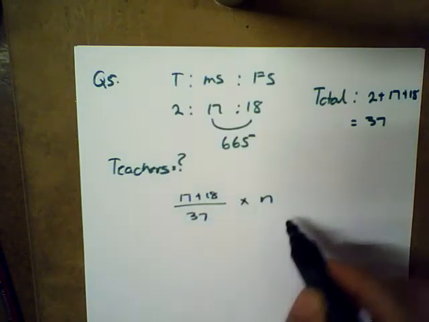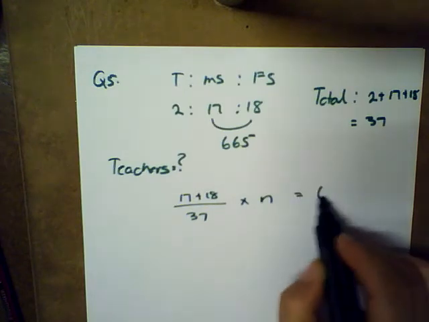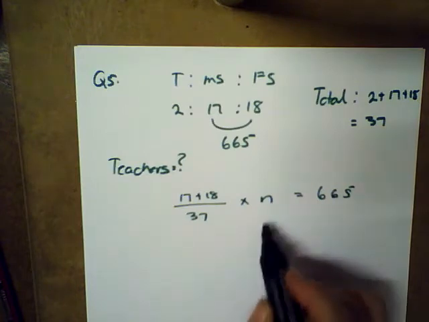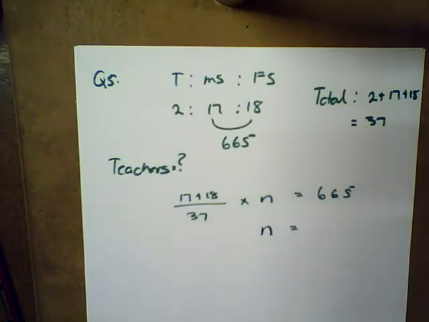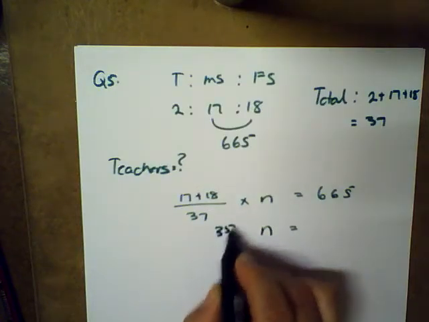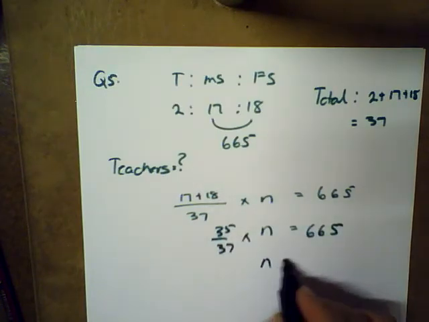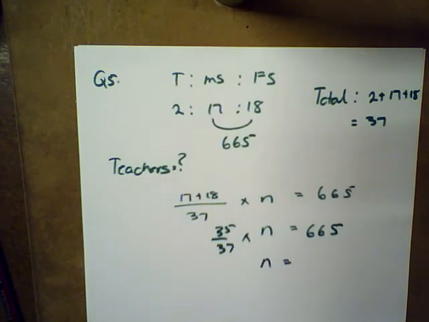The total number of people equals 665. Okay, now let's see if we can simplify that and find the number of people. Okay, so let's quickly do that. 17 plus 18 equals 35 out of 37, 665. Then n would be 665 times 37 over 35, and that would give us 703.